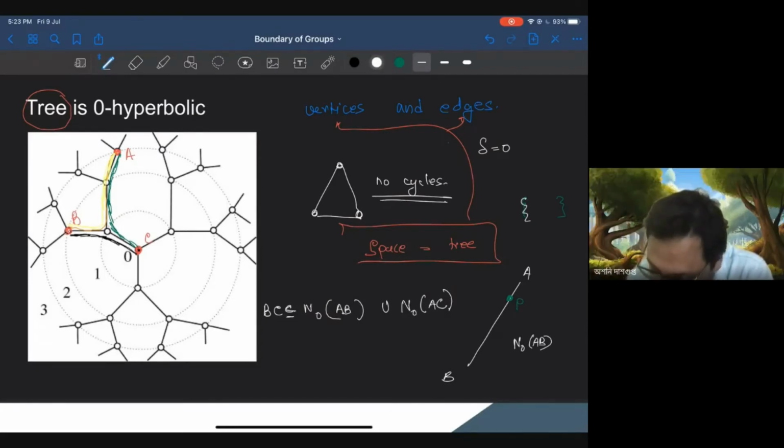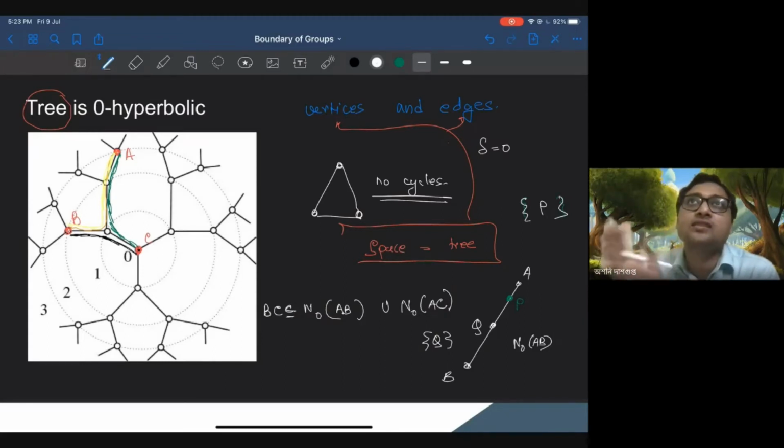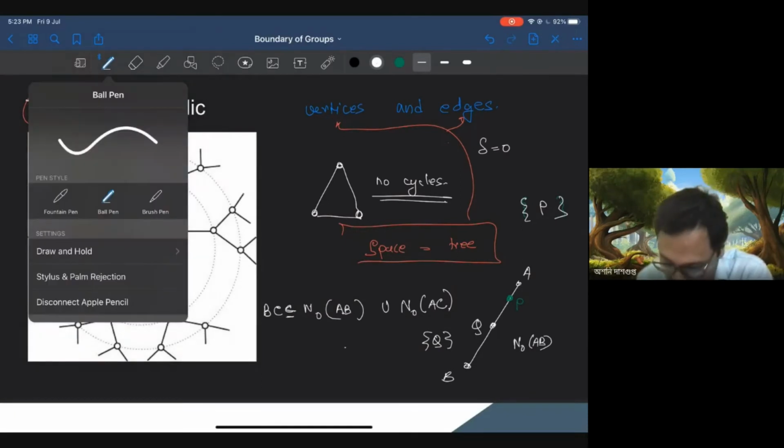So it contains P. Okay, let's take another point Q. Let's take all the points which are 0 units away from Q. Well, that's Q. So like this, you take all the points on AB and take all the points which are 0 units away from those points. So you basically get AB back. So the zero neighborhood of AB is basically AB. So this is a fancy way of writing AB.